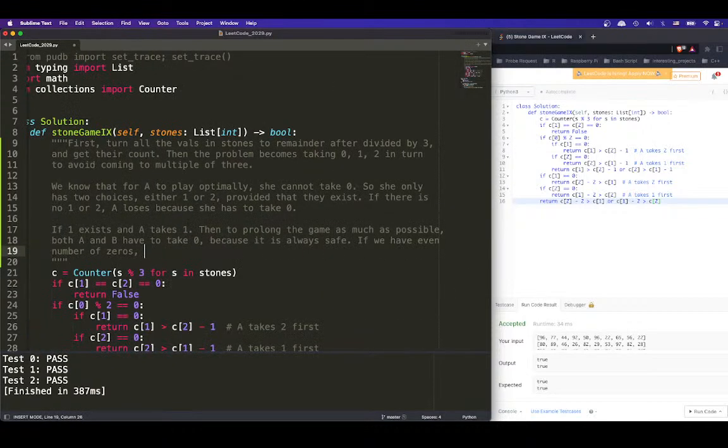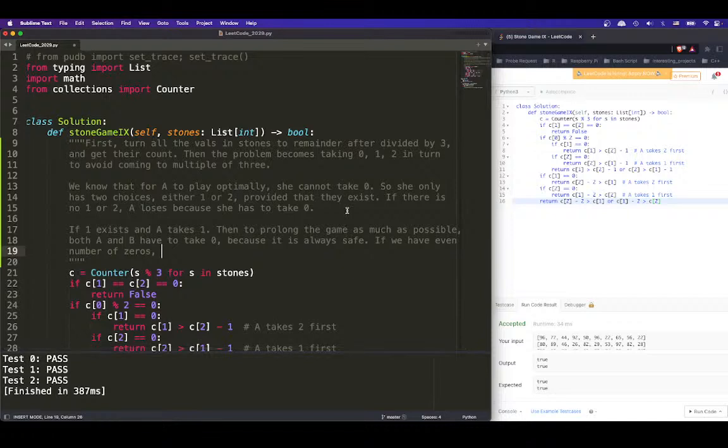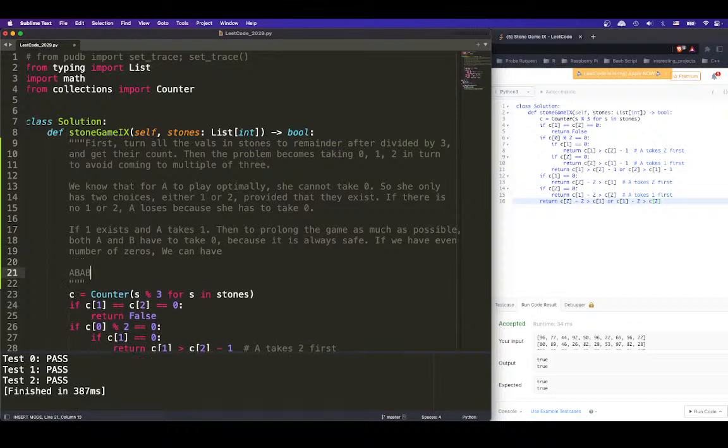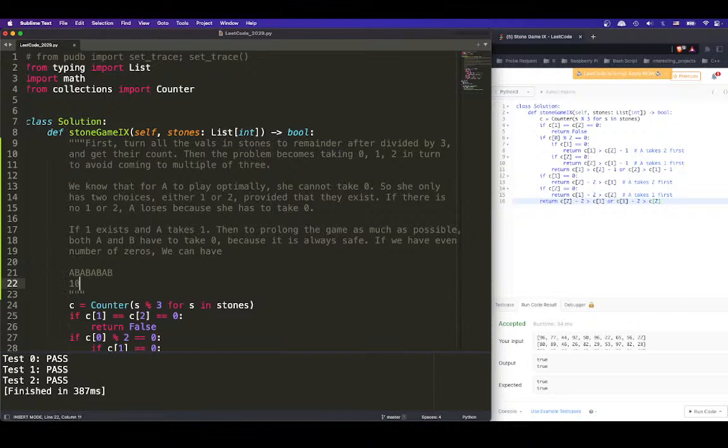I don't like this explanation. We can have one, right, 1, 0, then 1, 2, 1, 2, right? 1, 0, 0, 0, 0, 0, because we have even number, and then 1, 2, 1, 2, 1, 2, 1, 2, 1.